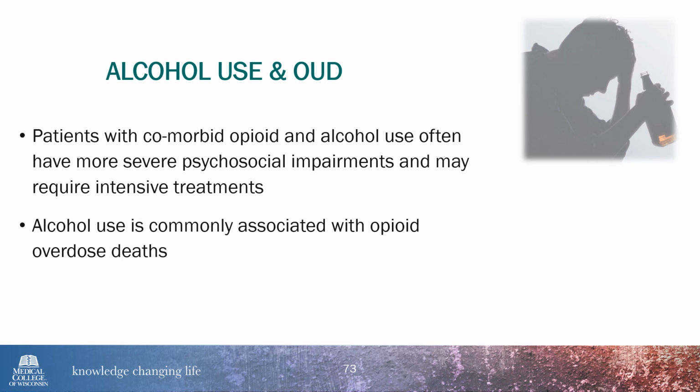Well, this one I'll say use with caution, because patients with comorbid alcohol and opioid use disorders tend to have more severe addiction and more severe impairment and often require more intense treatments than just office-based opioid treatment. Alcohol use is often correlated with opioid overdose deaths. So often alcohol is one of the mix of intoxicants that are found when someone overdoses.